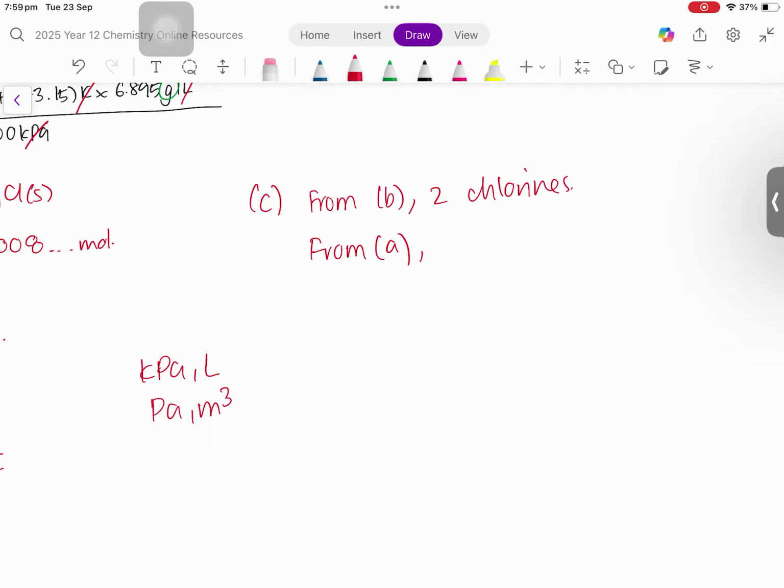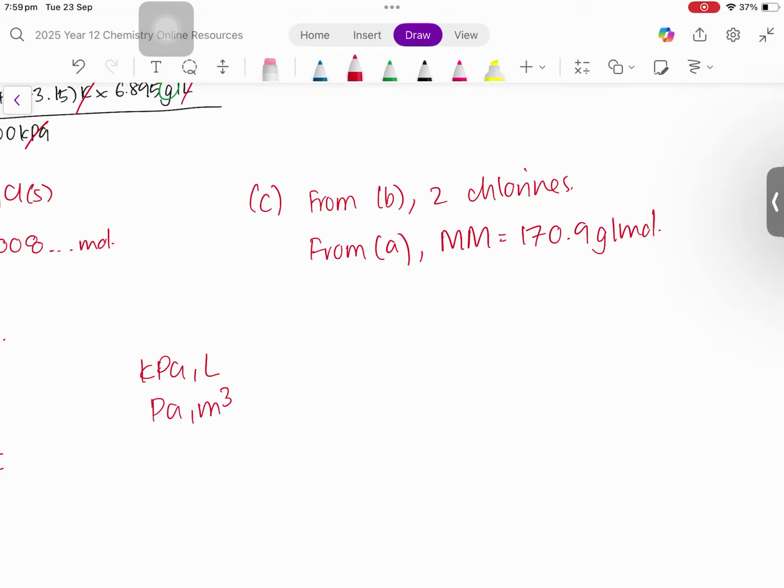Molar mass. So from part B, 2 chlorines, from part A, molar mass. And what was that molar mass from part A? 170.9 grams per mole. So guys, part C is asking you for the molecular formula, which is how many different elements are in it and how many of those elements there are.